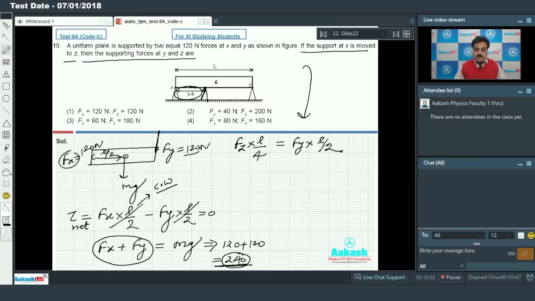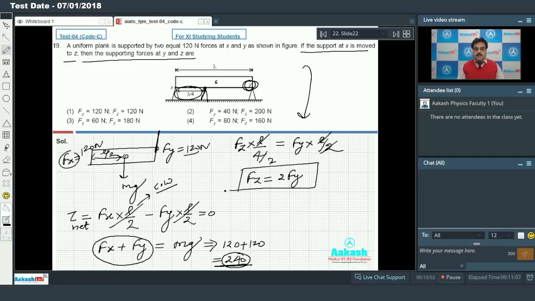Why? Because there will be no change in Fy, right? So Fz and Fy, with L by 2 and L by 4, L will cancel out, so I have the relation Fz is equal to 2 times Fy.